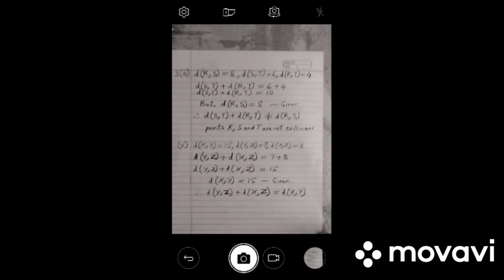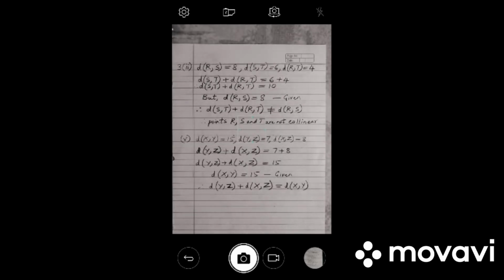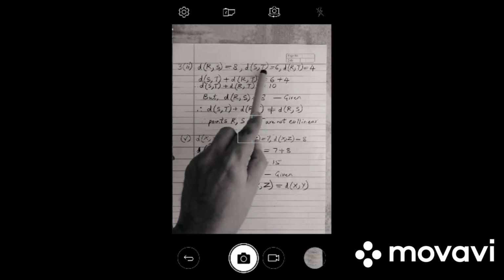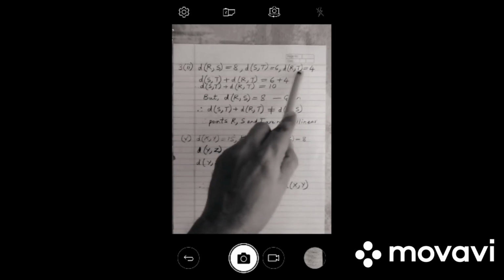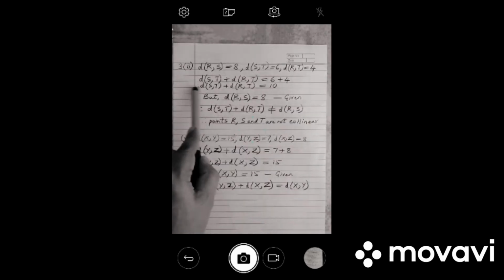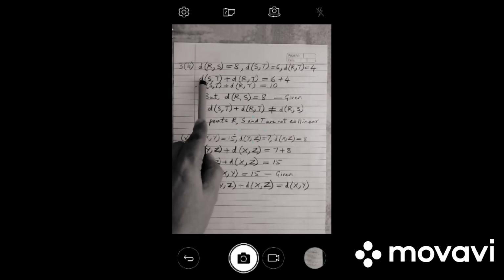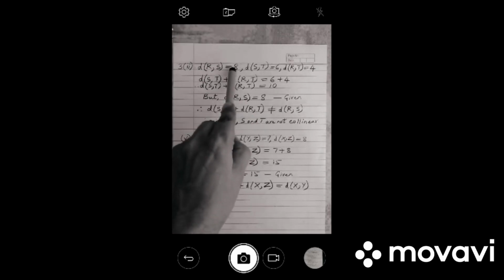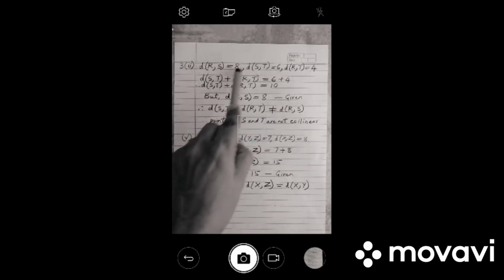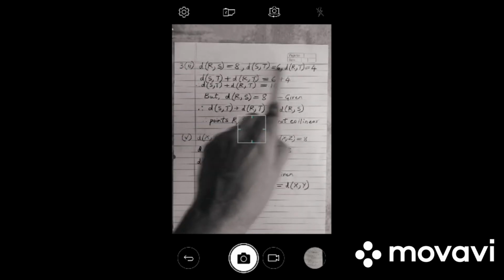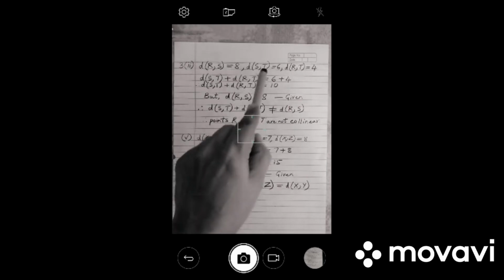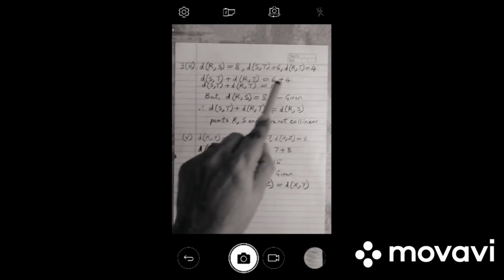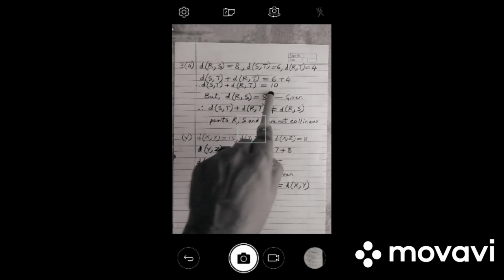Let us go to question 3, the second one. We are given distance RS is equal to 8, distance ST is equal to 6, and distance RT is equal to 4. So we will write it in this way, distance ST. Now if you see which is the larger number, distance RS, which is 8, while this is 6 and this is 4. So we have to write it as distance ST plus distance RT is equal to 6 plus 4, that is equal to 10.